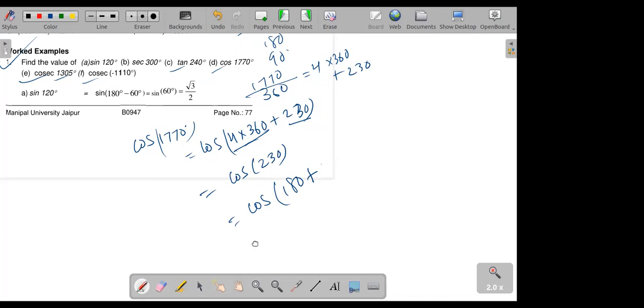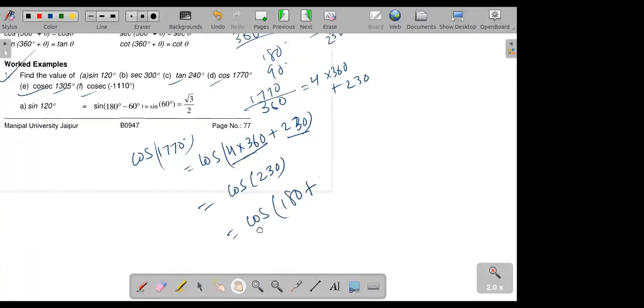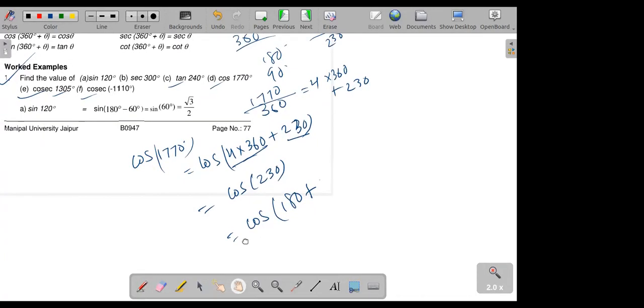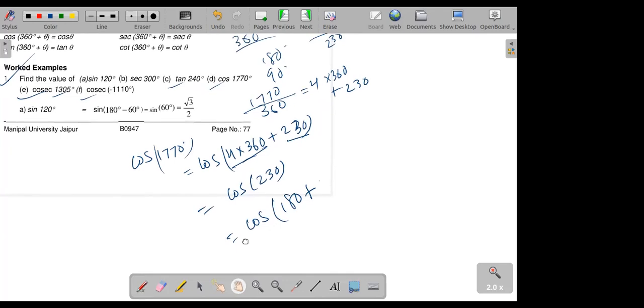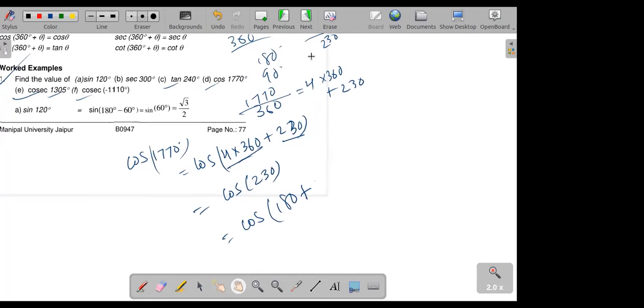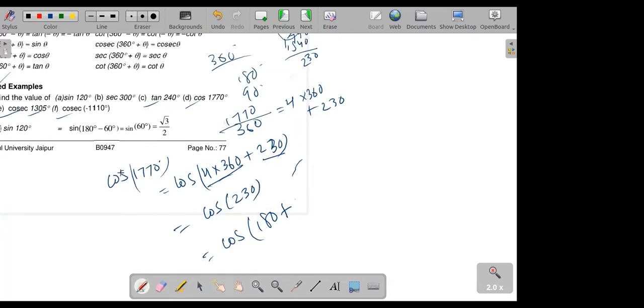Have I done anything wrong? Yeah, I have made a calculation mistake. 180 plus 150, and it will be cos 330.